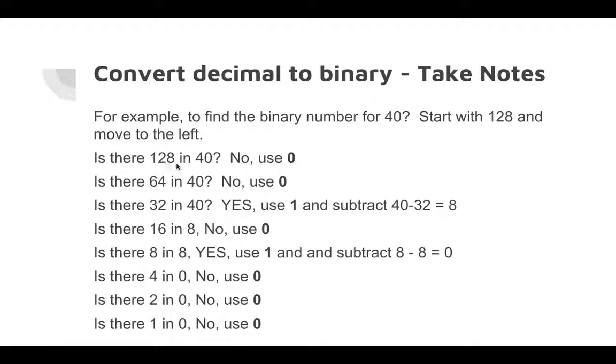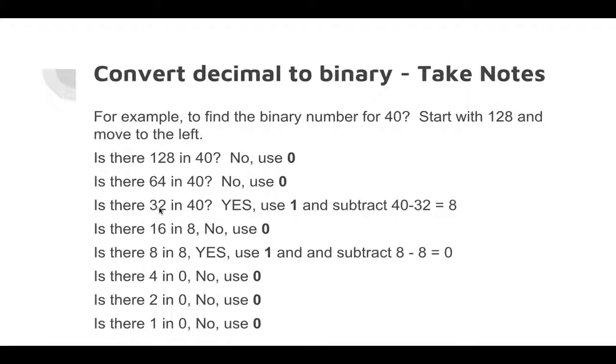Is there 128 in 40? And the answer is no. 40 is a lot smaller number, so I would use a 0 for that 128 place value. Then I go to 64. Is there 64 in 40? No. It's still too high, so I use a 0 for the 64 place value.